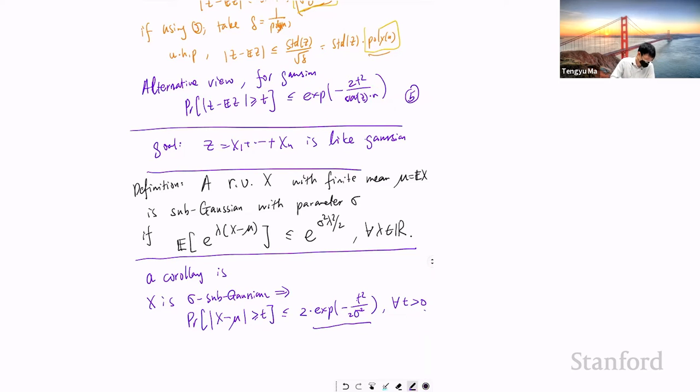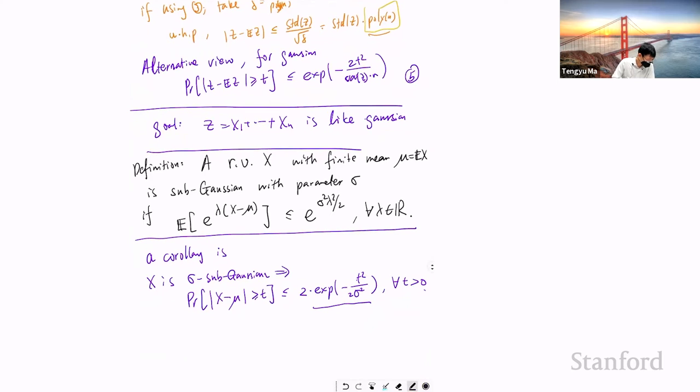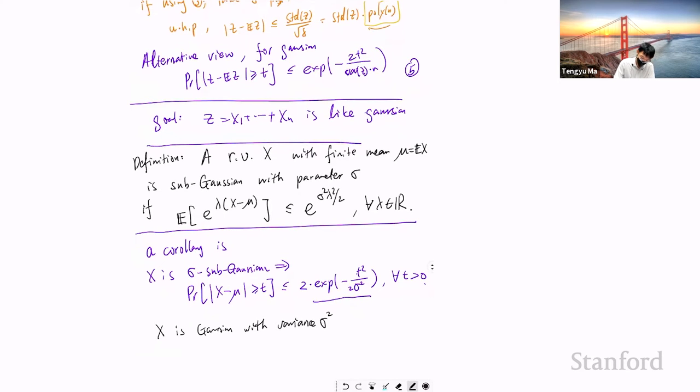Maybe before talking about that, recall that if x is literally Gaussian with variance sigma square, then this inequality, let's call it 6, is true. I didn't prove this, but it is relatively standard.